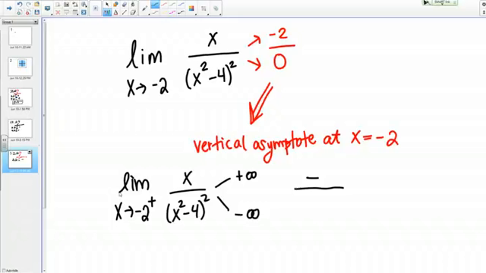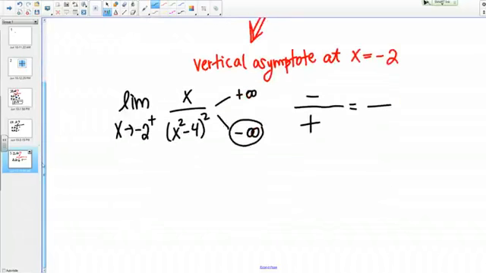But my denominator is going to be positive because it's squared, so it's always going to be positive. So I've got a negative over a positive, which is a negative number overall. So the limit as x goes to negative 2 from the right is negative infinity.